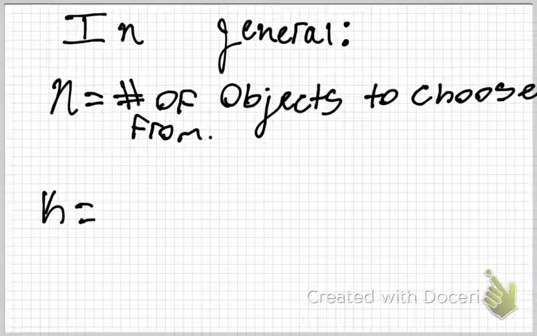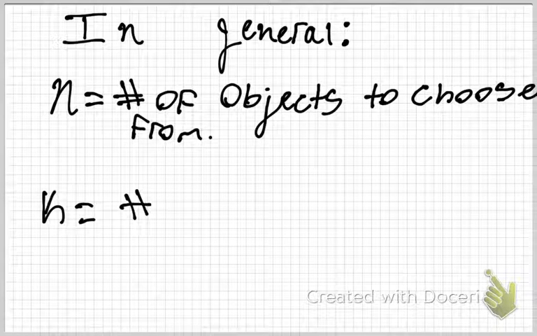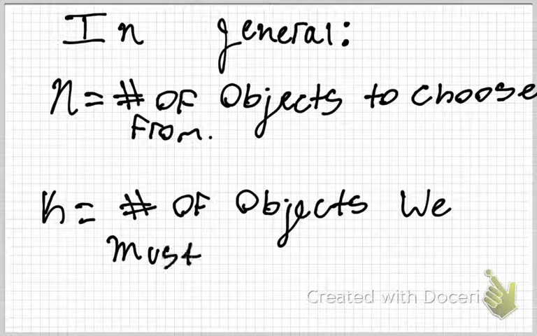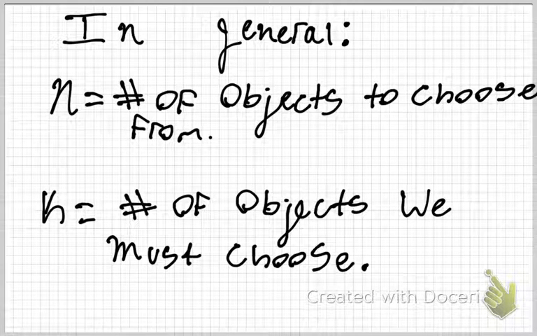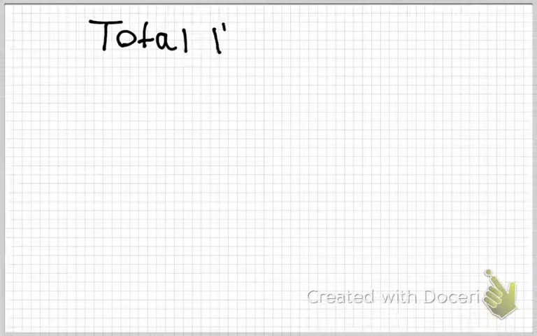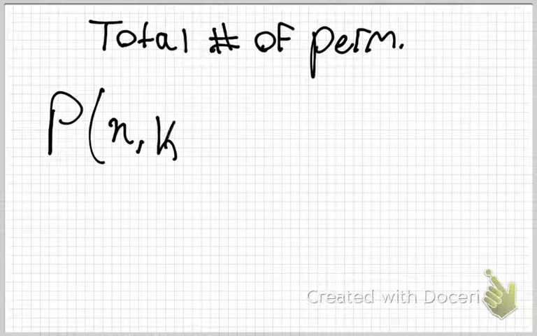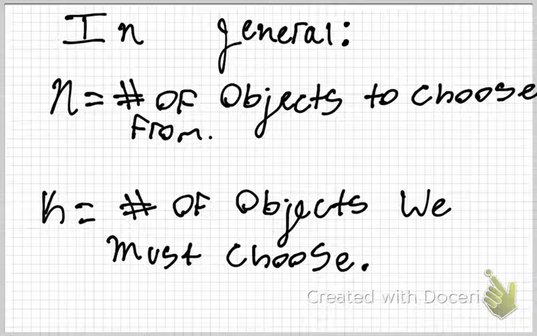Let's make N the number of objects to choose from, and then let's make K the number of objects we must choose. So going back to the example with the 5 siblings in the car seats, N would have been 5.